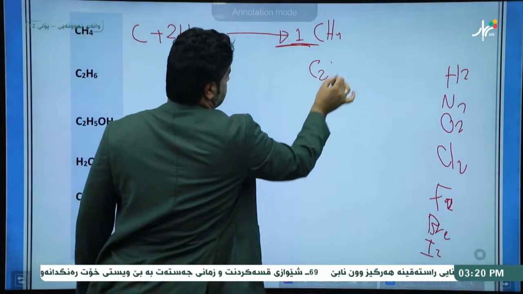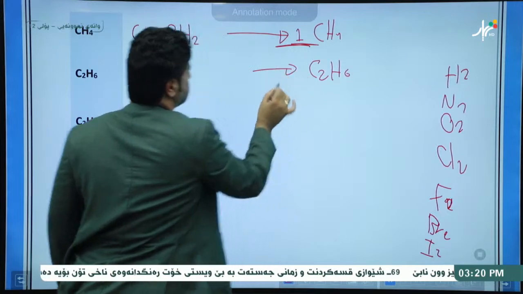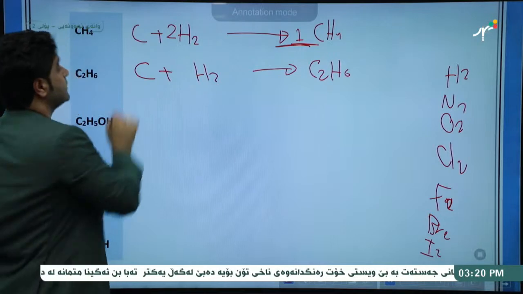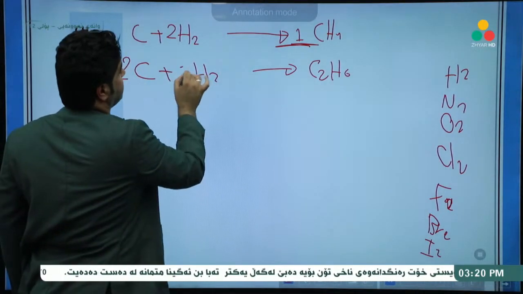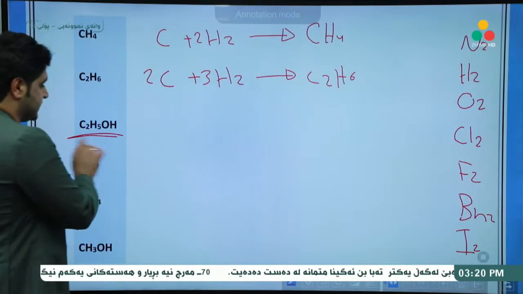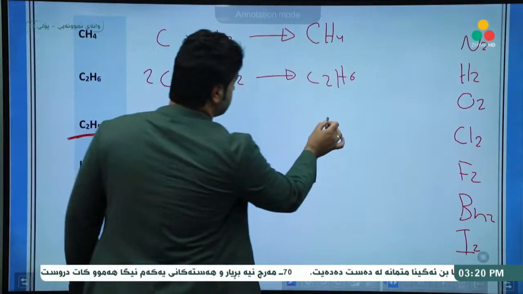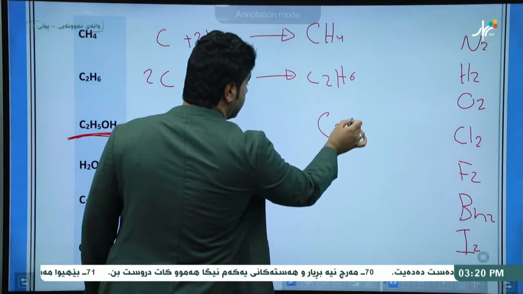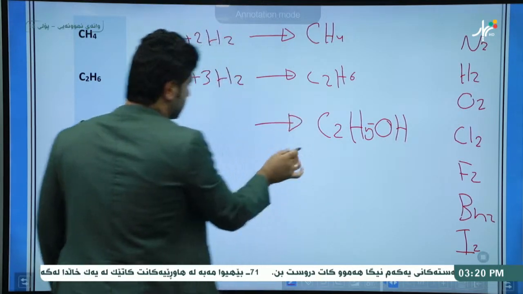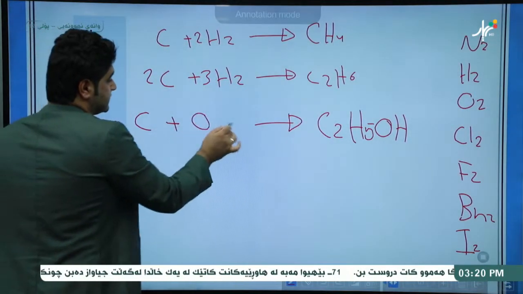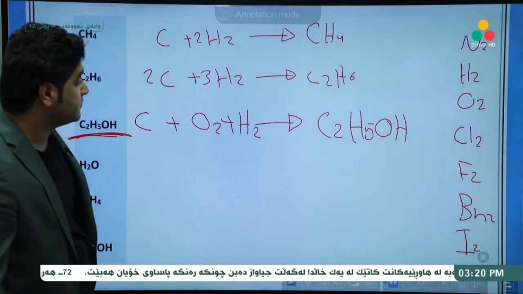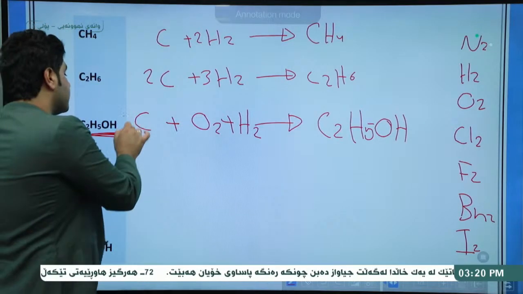C2H6. We have carbon and hydrogen, which is H2. 2 carbon and 3 H2. Next, ethanol: 1 mole of the compound with the formula C2H5OH. We have carbon, oxygen, and hydrogen, which should be diatomic molecules. Carbon is 2.